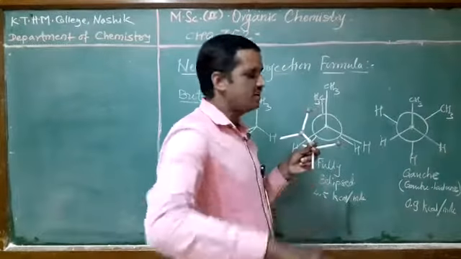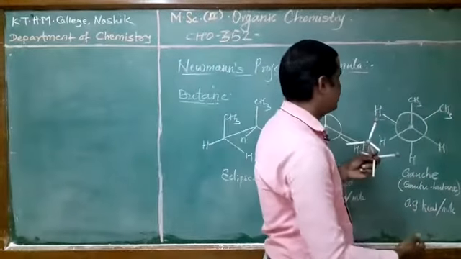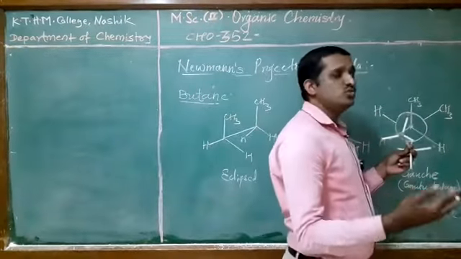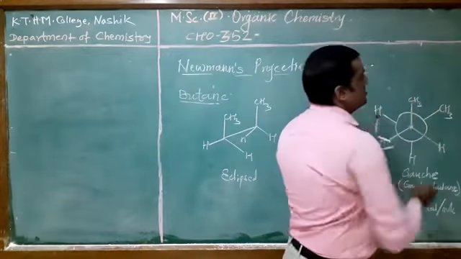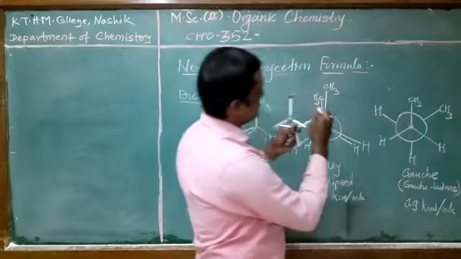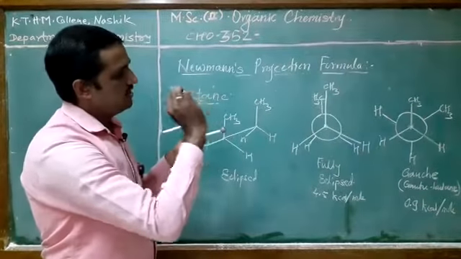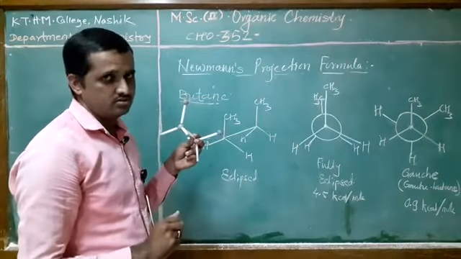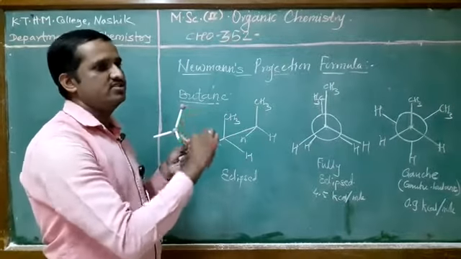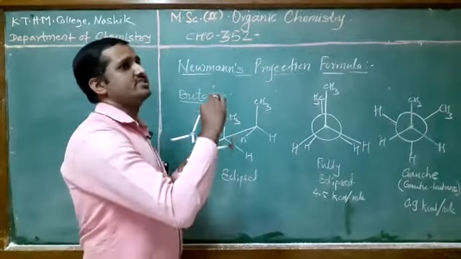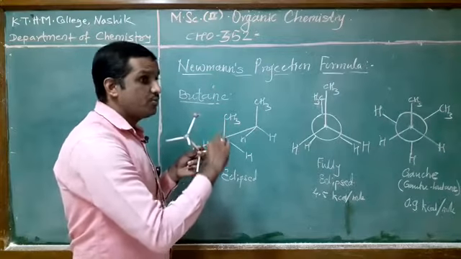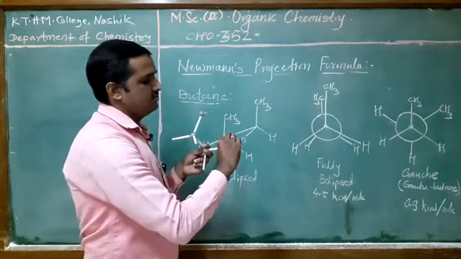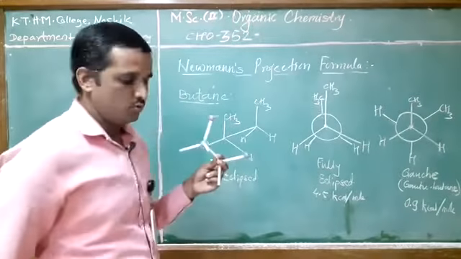This is a special case where we expect the energy to be near 0 kilocalorie per mole, but this CH3 and this CH3 are 60 degree from each other. They have steric interaction, a gauche type of eclipsing, not 100% eclipsing, and this has the energy 0.9 kilocalorie per mole.